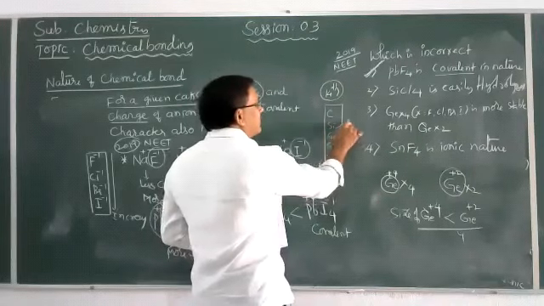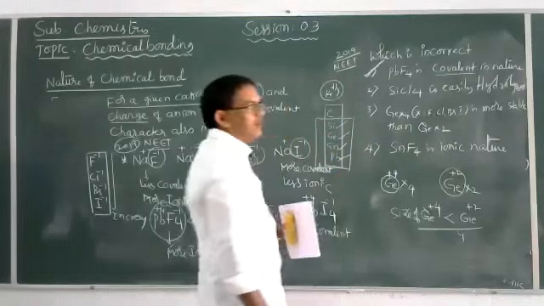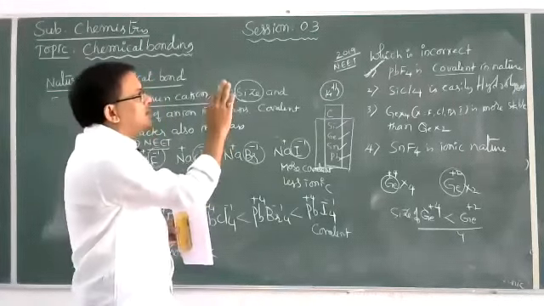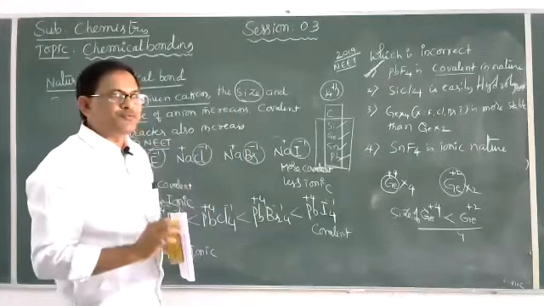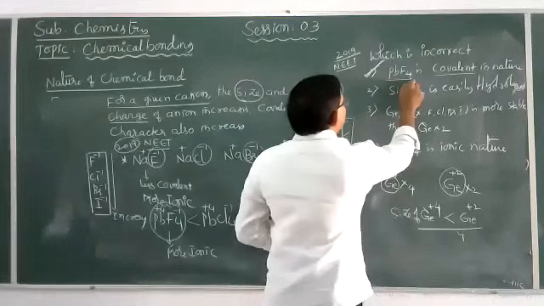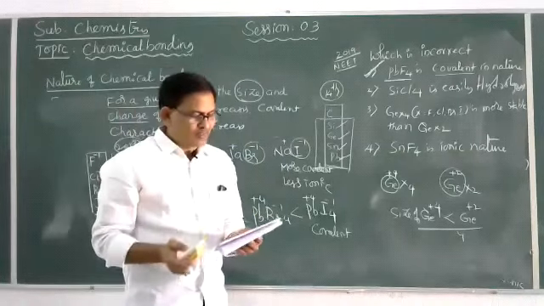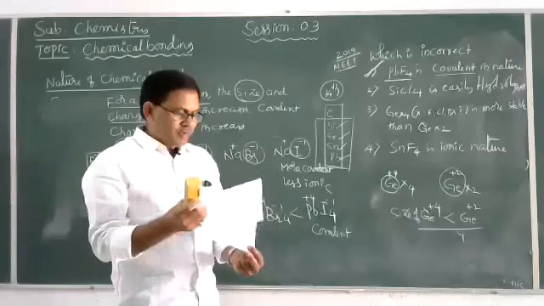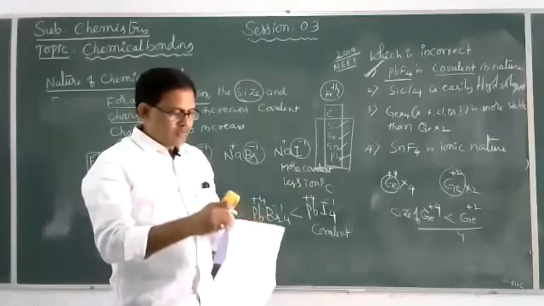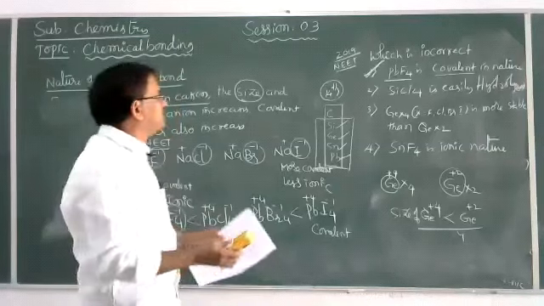Based on silicon, germanium, tin and lead, they created one question on ionic and covalent character. This question is considered under chemical bonding as well as p block elements, the 14th group family. Now this statement, SnF4 is ionic, is also correct. The wrong answer is this: PbF4 is not covalent, it is ionic in nature. Clear. Next question is question number 48.